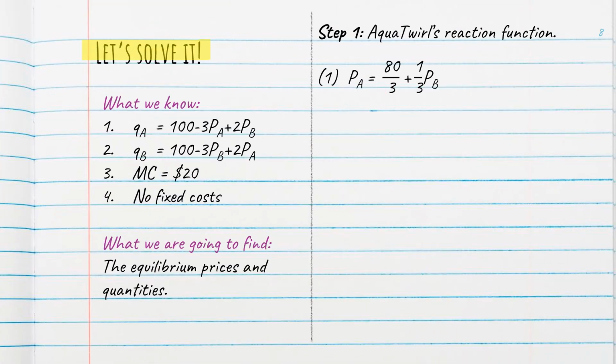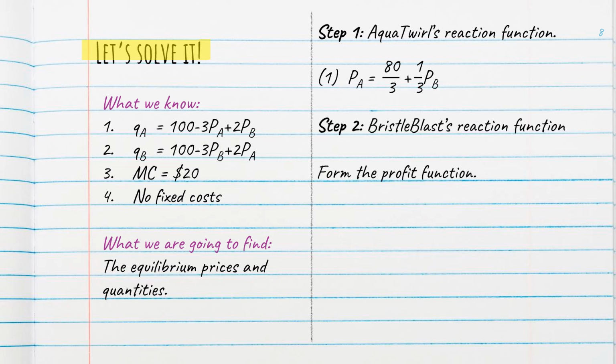The next step is to find Bristleblast's reaction function. We're going to follow the exact same process, so we need to form the profit function with a goal of having that profit depend on prices only. I always like to start with the baseline profit function because it kind of reminds me what I'm doing. Profit for Bristleblast is equal to their price minus their marginal cost times the quantity.